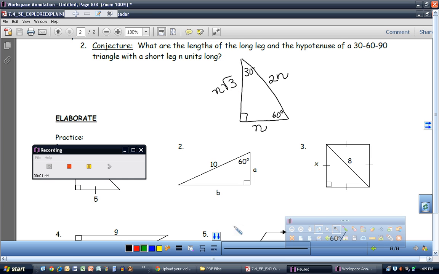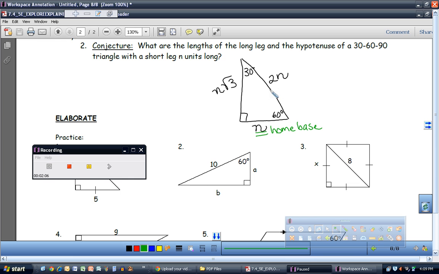But as with the 45, 45, 90 triangle, you are going to be given one or two sides of the triangle and asked to find the third side. When you're solving a 30, 60, 90 triangle, I always want you to consider the short leg, the side across from the 30-degree angle, which we label n, as your home base.